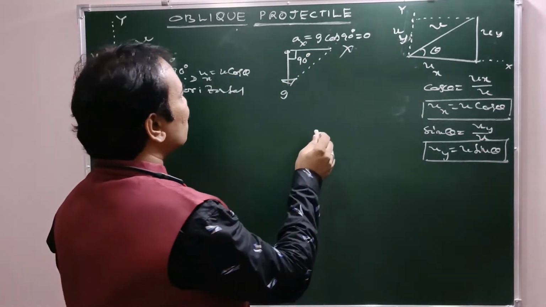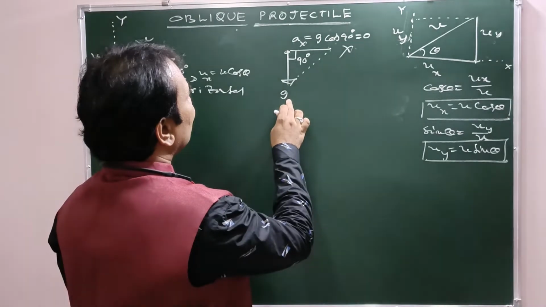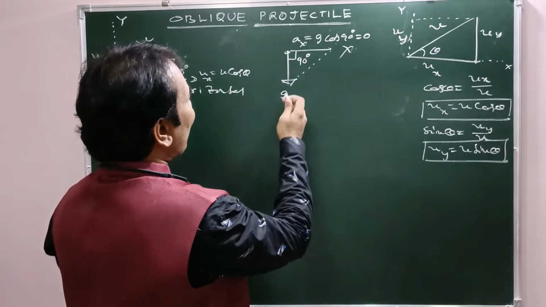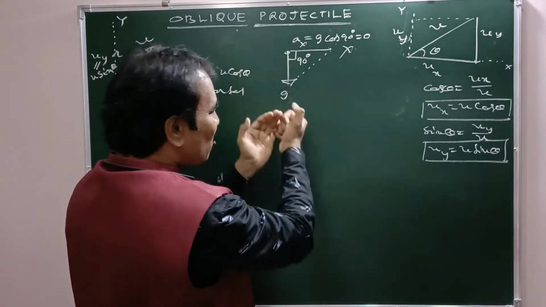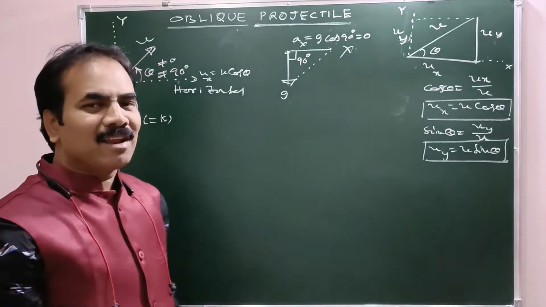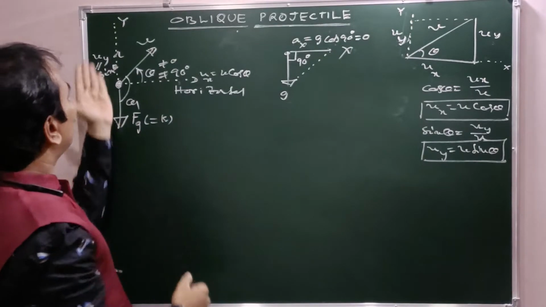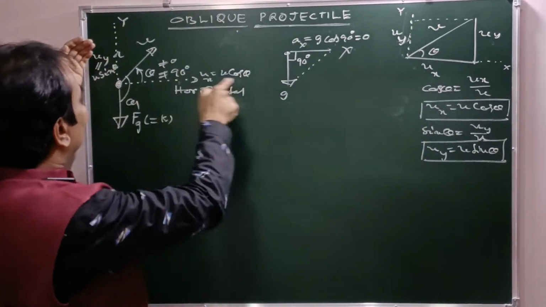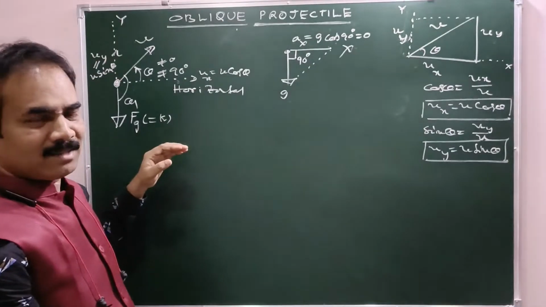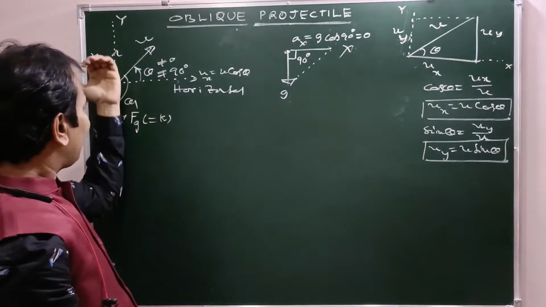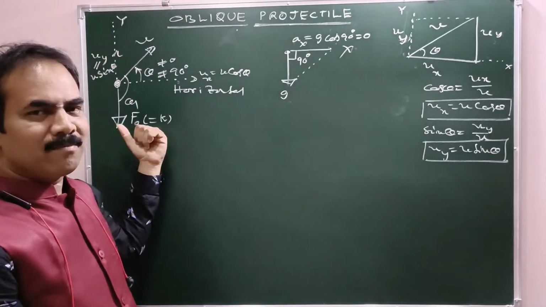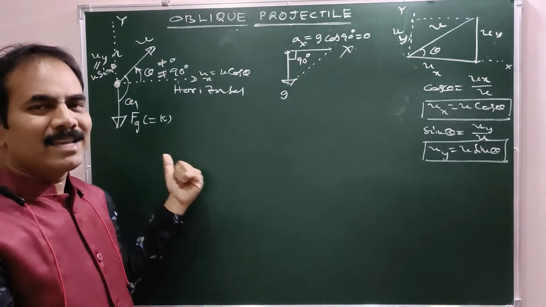Now as g is downwards, acceleration along y-axis means minus g. Why? Because the body is moving above the level of projection, and as g is acting vertically downwards, g becomes negative as per sign convention.